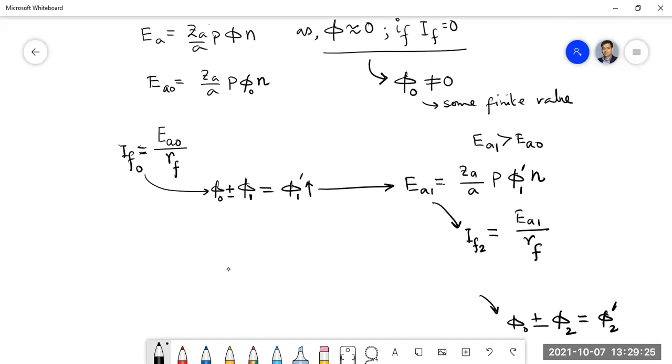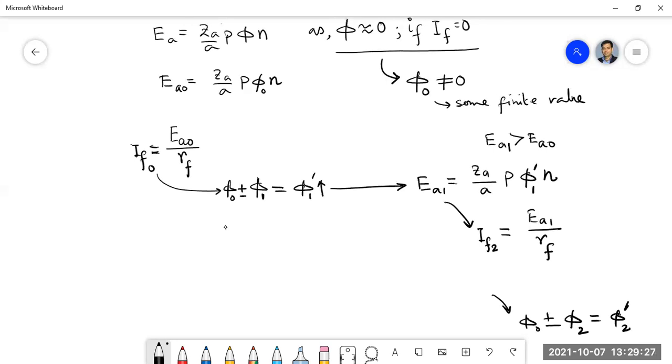So in this way, there will be a build-up process of the voltage and the current and the flux. Isn't it? এইভাবে জিনিসটা বাড়তে থাকবে. So there will be a cumulative increase in voltage, in field current, and in flux values. Got my point?